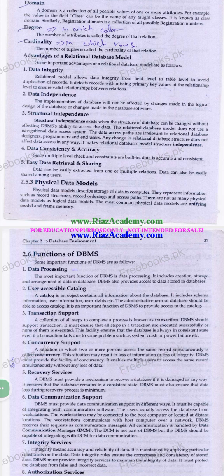This is called data consistency and accuracy. Data retrieval and sharing: data can be easily retrieved, from any row or any column, which is called data retrieval, and it can be shared with different users at multiple times, which is called sharing.